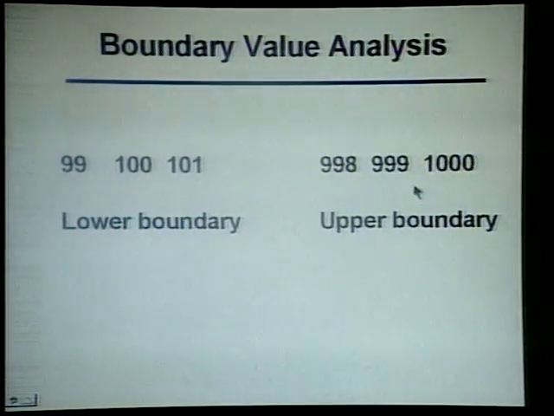Similarly, we also test our software with a value which is just above the maximum value the software would expect, and the value which is just less than the maximum value, which is a valid input to the software. When you test your software by giving the values which are close to the lowest value the software would expect from you and the highest value, then generally this is called the boundary value analysis.